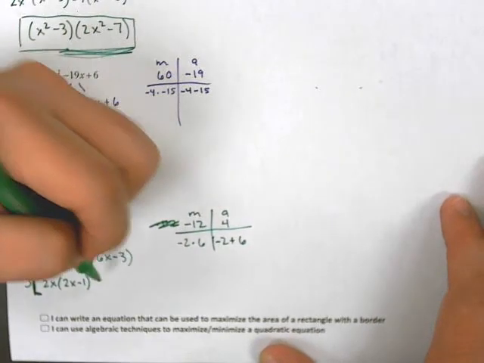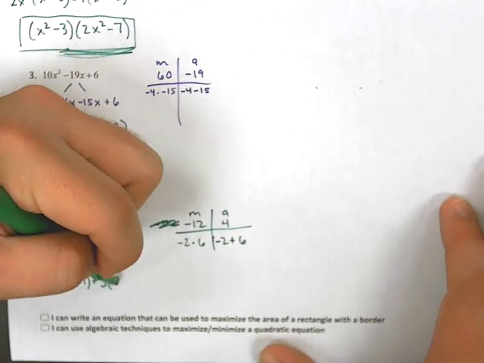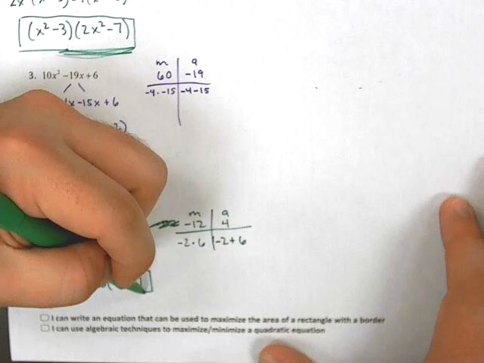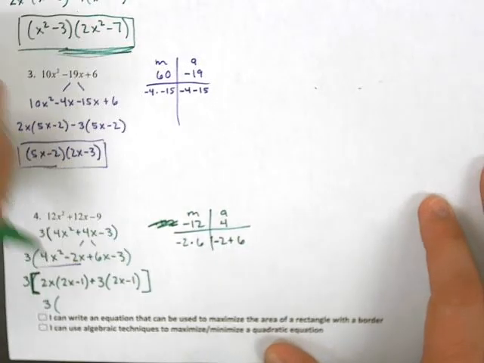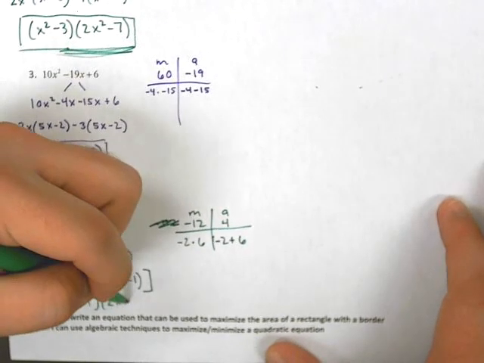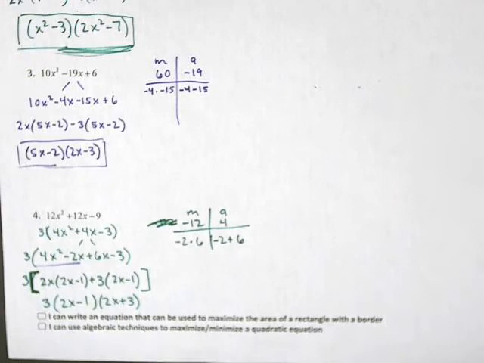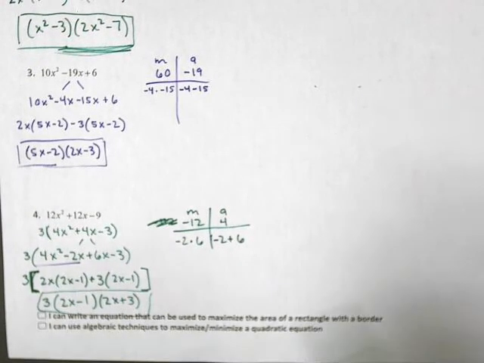And what can I take out of here? Just a 3. So I finished this by saying 3, 2x minus 1, 2x plus 3. Alright? So that is some practicing factoring if you guys need it.